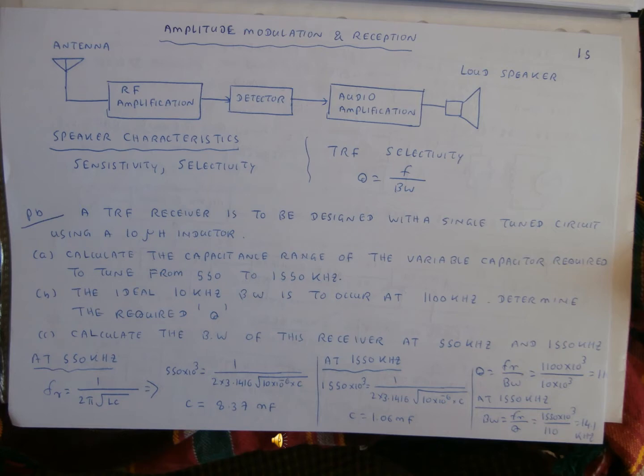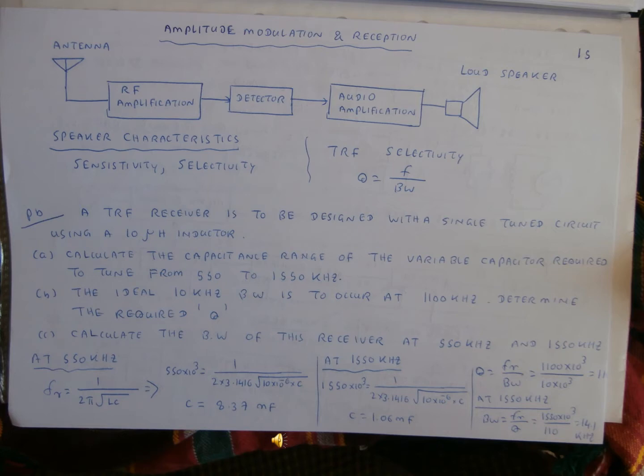FR equal to 1 divided by 2π square root of LC. 550 multiplied by 10 power 3 equal to 1 divided by 2 multiplied by 3.1416 multiplied by square root of 10 multiplied by 10 power minus 6 multiplied by C, so C equals 8.37 nanofarad. Similarly at 1550 kilohertz, 1550 multiplied by 10 power 3 equals 1 divided by 2 multiplied by 3.1416 multiplied by square root of 10 multiplied by 10 power minus 6 multiplied by C, so C equals 1.06 nanofarad.